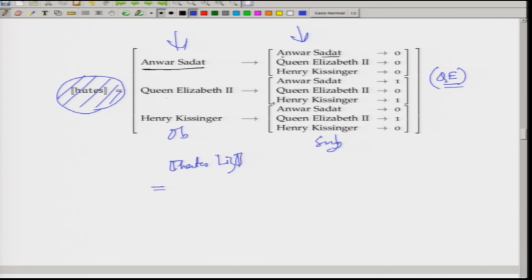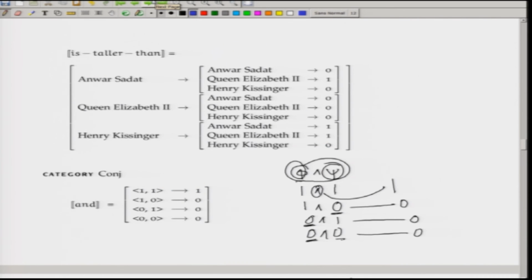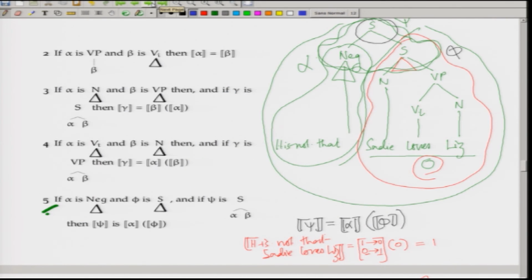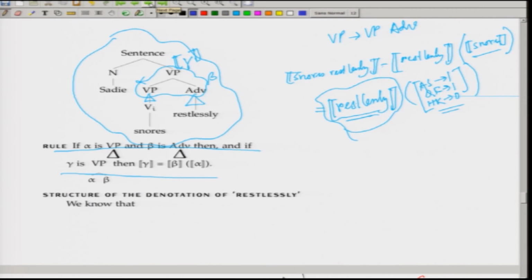So, QE yields this function: AS goes to 1 and QE goes to 0 and HK goes to 1. This function which we need to carry, that is 1 0 1. We just remember it is 1 0 1, and we bring it here.